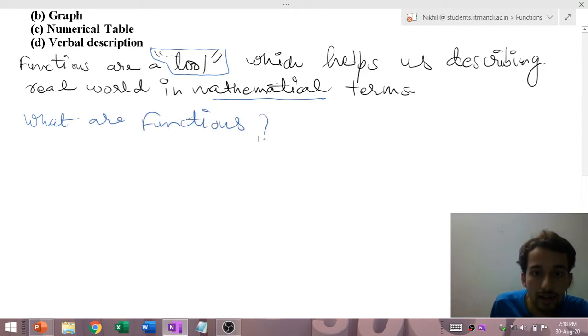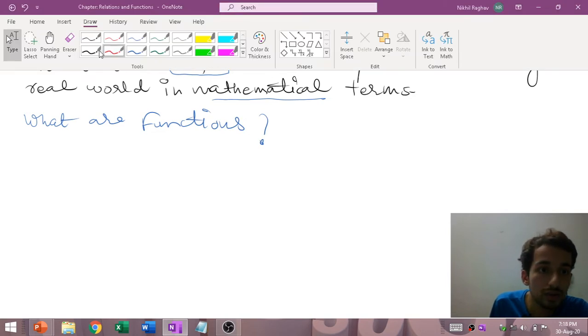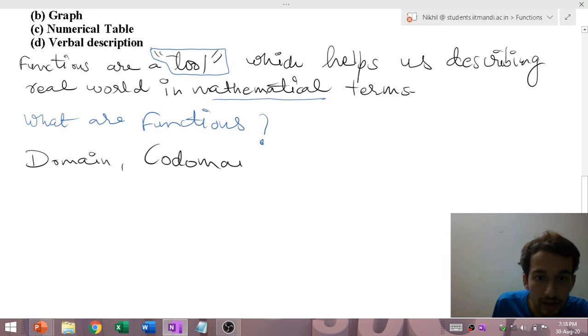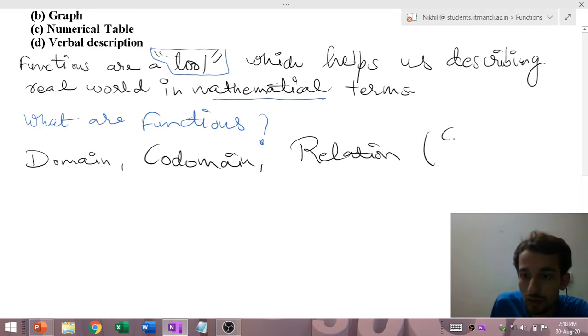Now again, to answer this question, you should already know what a domain is, what a codomain is, and what a relation is. All this you should know, and under relation you already know there is something called the Cartesian product.